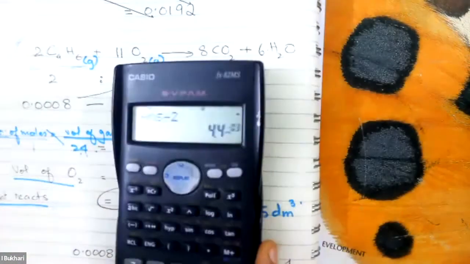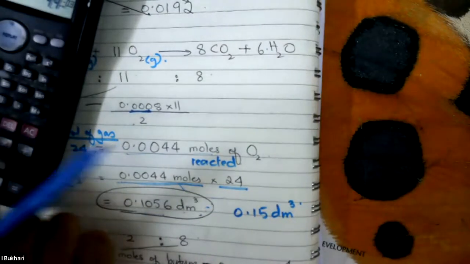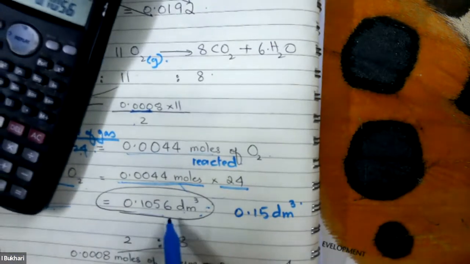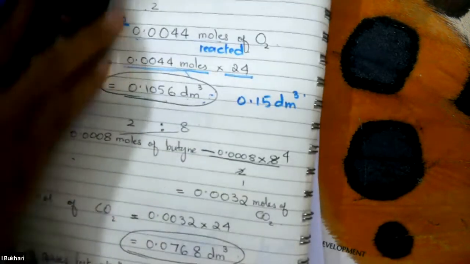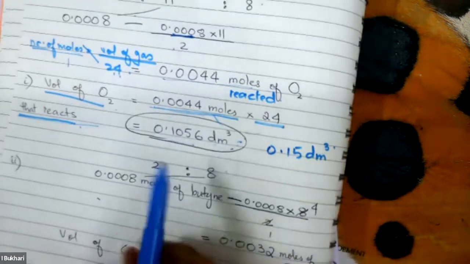My answer is correct according to my calculator. And then miss, the same for me, I got it, multiplied by 24 is equal to 0.1056. Okay. I don't know why you are getting a different answer.